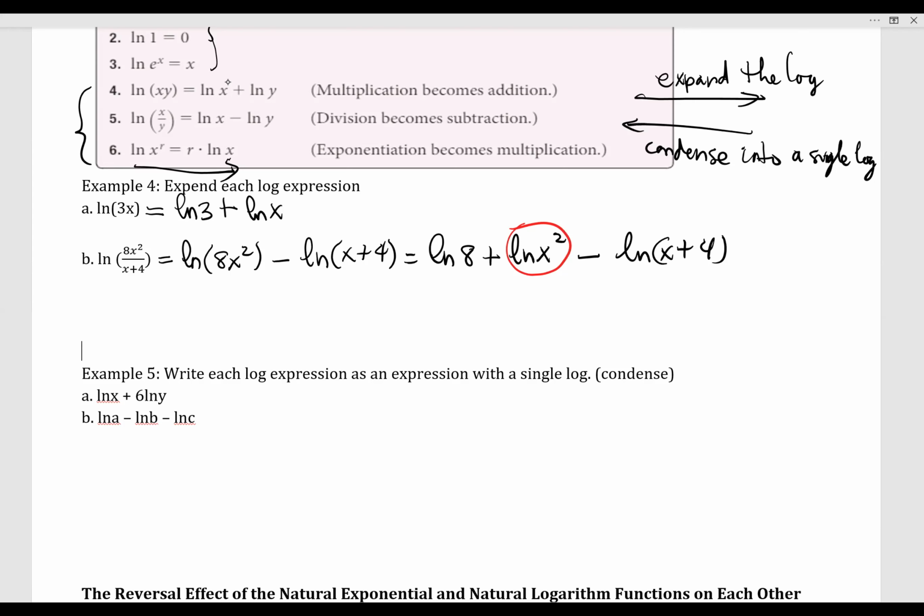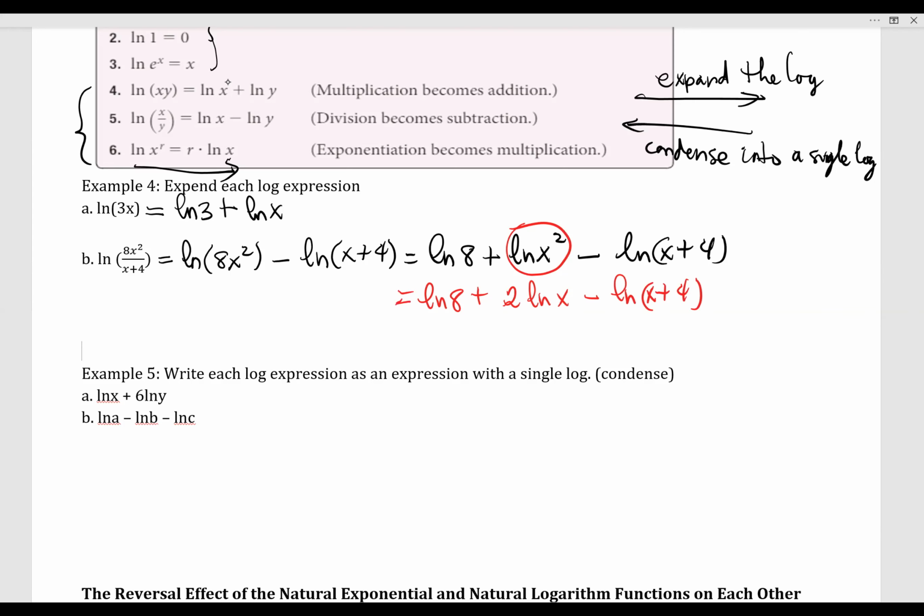I will change it to 2 ln x, because the power moves to the front of the ln x. So I'm going to keep the others: ln 8 plus 2 ln x minus ln of x plus 4. So this could be the answer already.